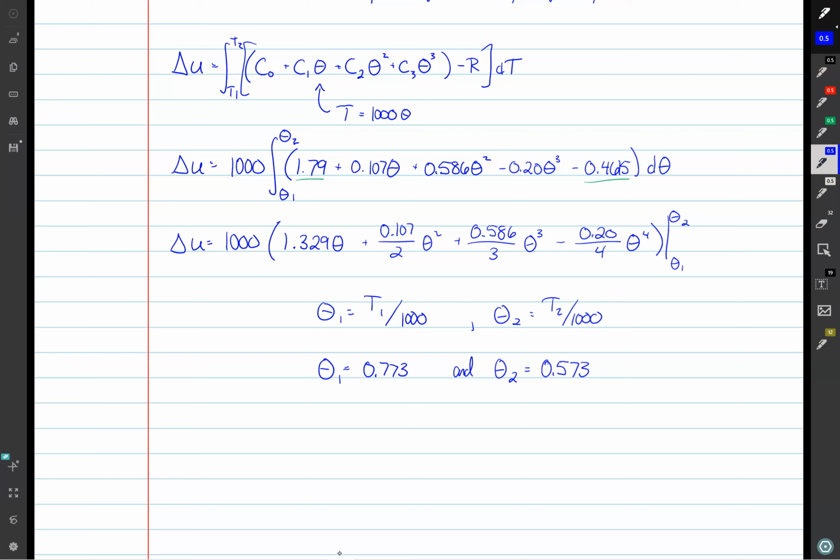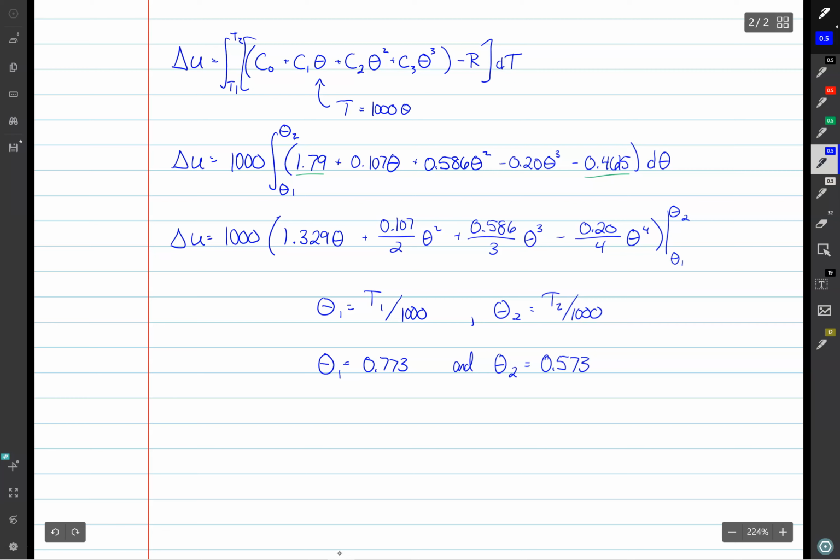Okay, so to actually evaluate that, we would first plug in 0.573 in place of theta. Then we would subtract the same function with now 0.773 in place of theta. I'm not going to do that, but you're welcome to. The answer that we would get would be delta U equals negative 321 kilojoules per kilogram Kelvin. Sorry, kilojoules per kilogram.